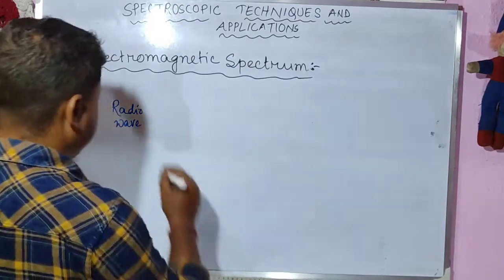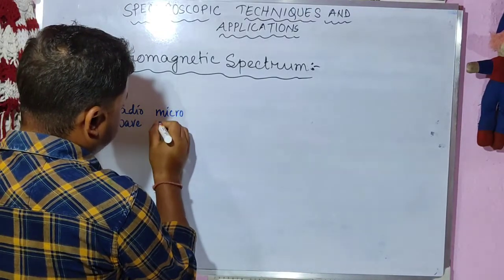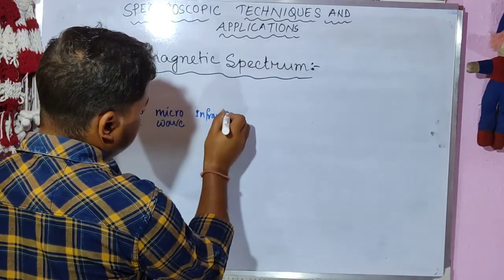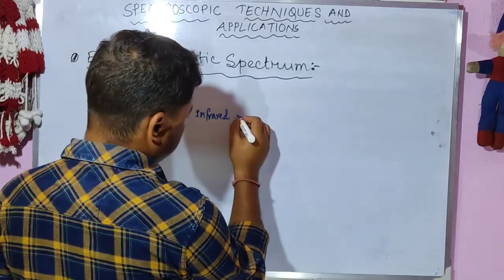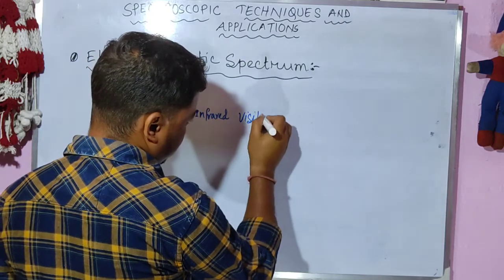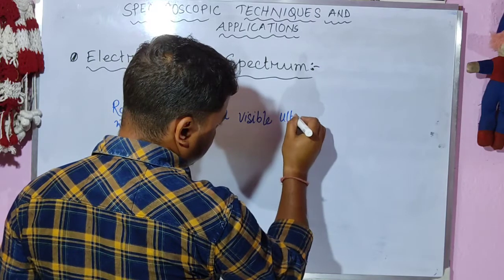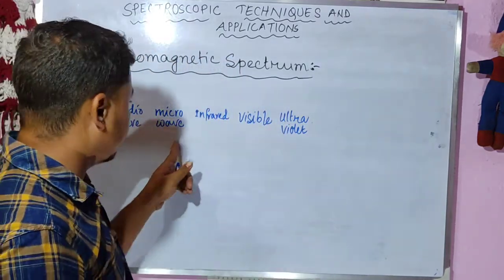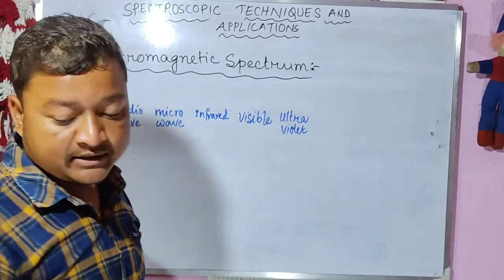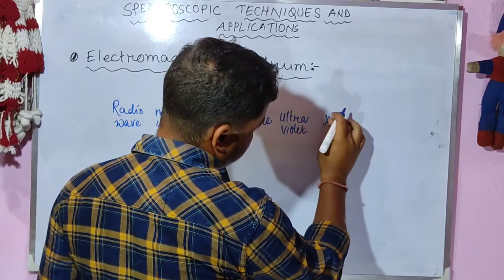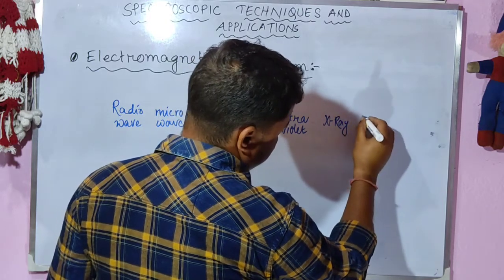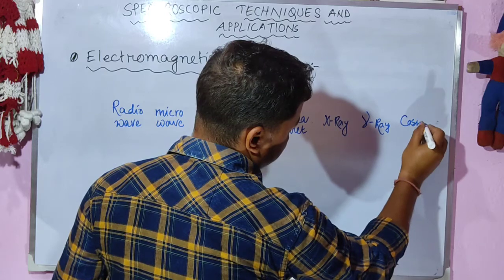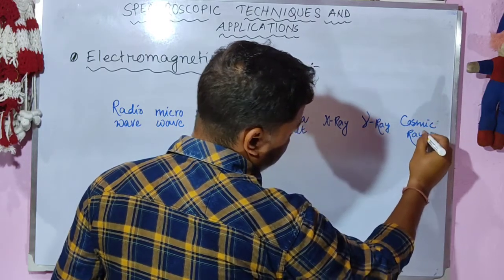Then microwave, then infrared, that is IR, then visible, then ultraviolet, then X-ray, then gamma ray, and then cosmic ray.